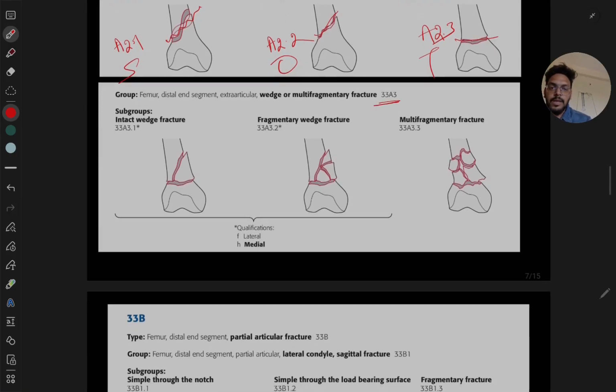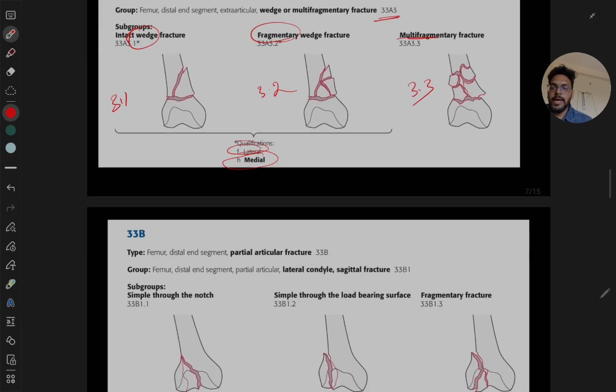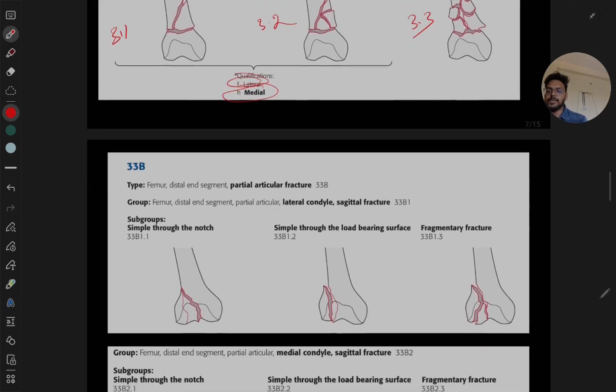Then coming to A3, where we have a wedge. Intact wedge is A3.1, fragmentary wedge is A3.2 and multi-fragmentary wedge is A3.3. If it is lateral, we add the qualifier F. If it is medial, we add the qualifier H in the classification.